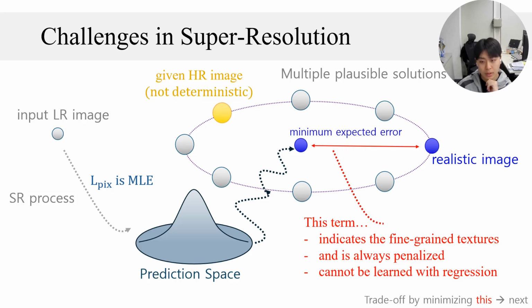However, this optimization process does not select a single plausible HR solution. Instead, it converges to an average result, which is why the final output often becomes blurry. This is one of the fundamental problems in traditional super resolution approaches. And then the question is, how can we move away from these blurry results and instead train models that generate sharp and perceptually convincing images?